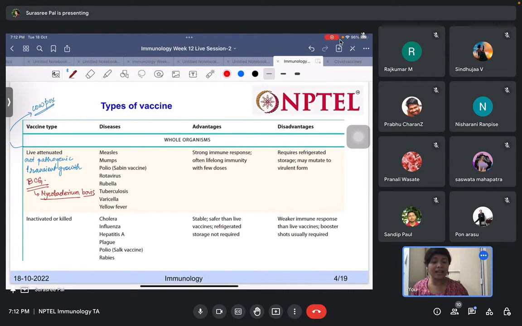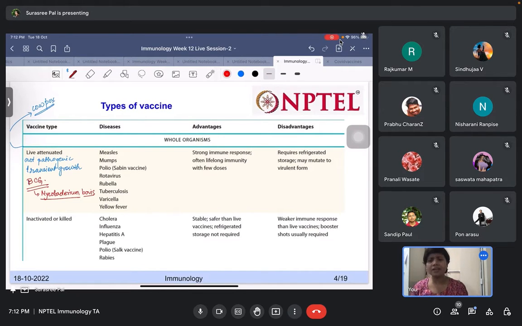So I told you that they are grown in abnormal culture conditions, so that after a long time they are severely attenuated, so that they cannot grow in normal conditions in a normal host anymore, right? But they can be suitably used for vaccines.